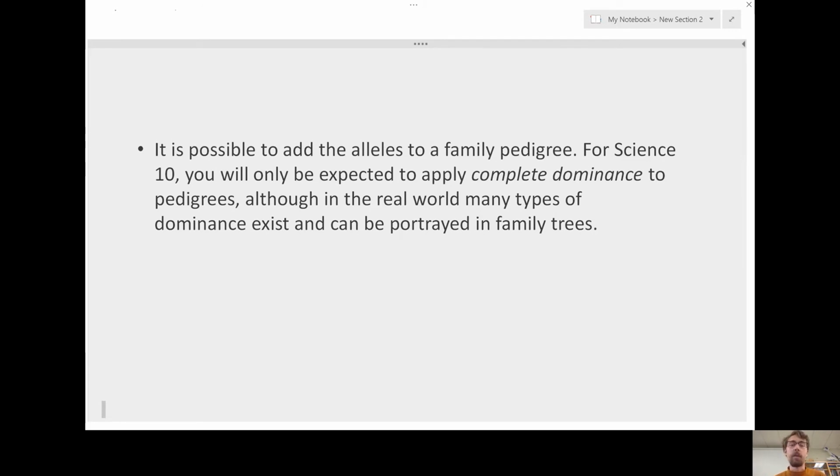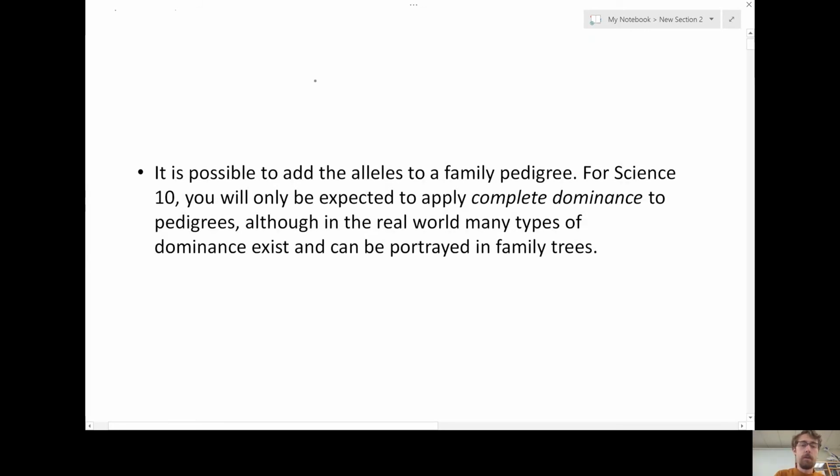Just remember you've got alleles, so that's your two traits. As an example, if we're looking at blue eyes, you have your two alleles, two small b's. So we can add alleles to family pedigrees.